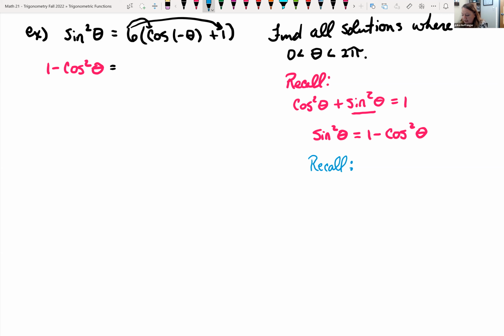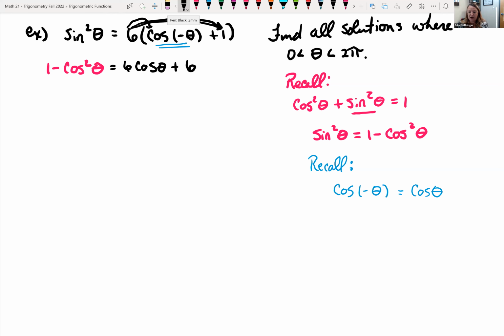So recall that cosine of negative theta, because it was an even function, is the same thing as cosine of theta. So as I'm distributing my 6 to that cosine of negative theta, it's the same thing as 6 times cosine of theta. So this will be equals 6 cosine theta plus 6 times this 1, which gives me 6.